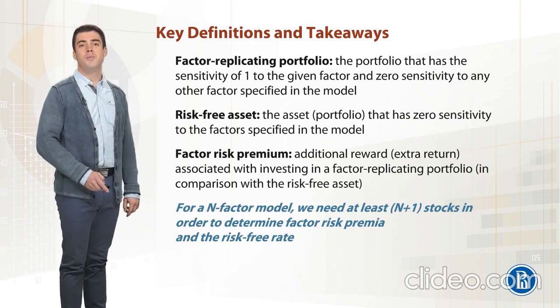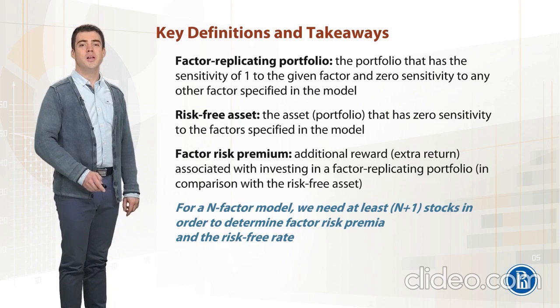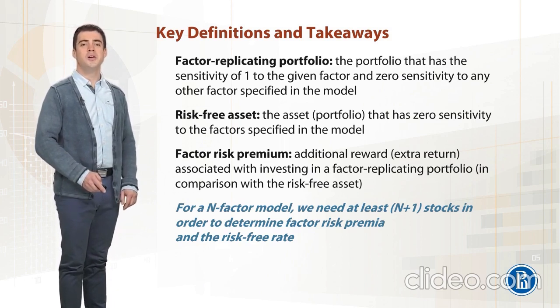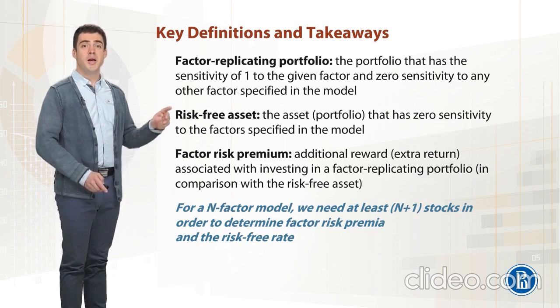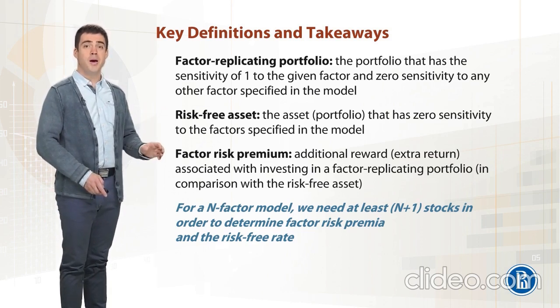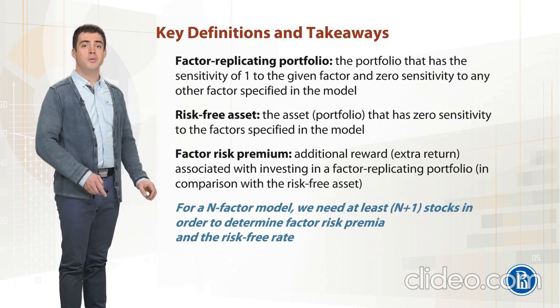At the same time, the risk-free asset is the asset or portfolio that has zero sensitivity to all factors specified in the model, which makes the difference between the definition of the risk-free asset in the framework of the factor model compared to CAPM, for example.